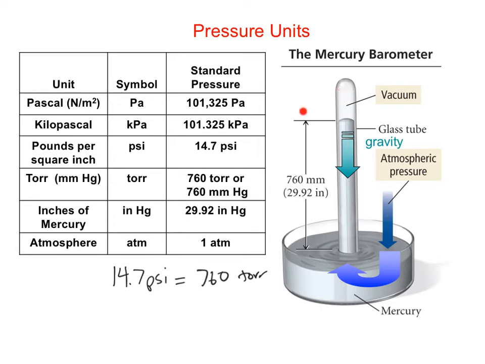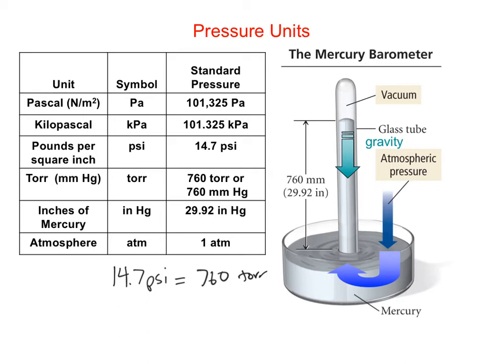What we're showing here is how a barometer works. This is a device that we can use to measure atmospheric pressure. And so we have two competing forces. What we do is we take a tube that's evacuated of any gases, so we have a vacuum inside the tube. And then we invert that and stick it into a pool of mercury.